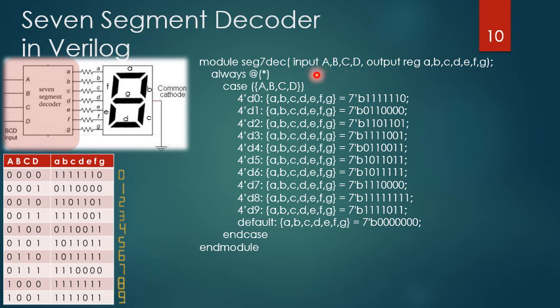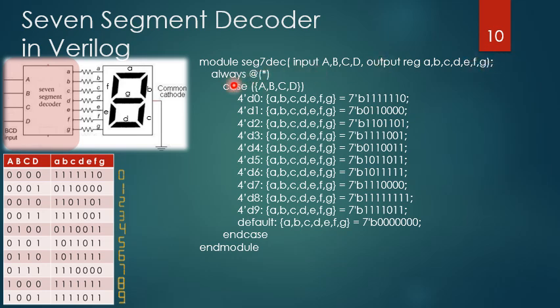One way to describe it using Verilog is as shown here. As you can see, the input and output declaration can also be done in the later versions of Verilog, where you can declare input and output right away in the brackets after the module name.